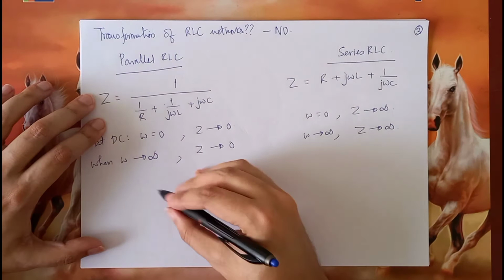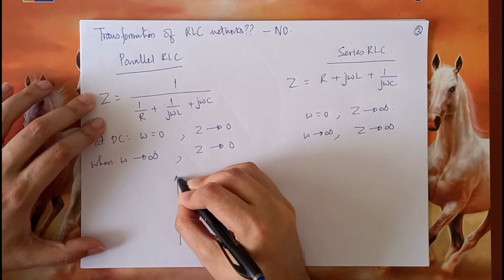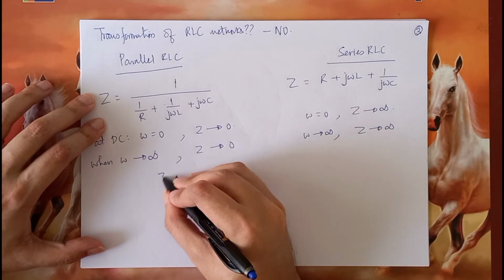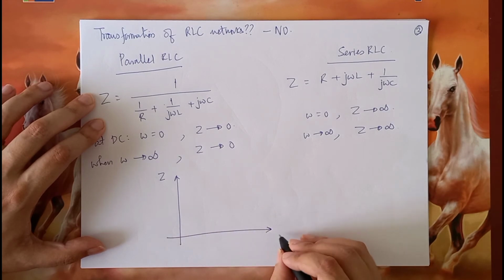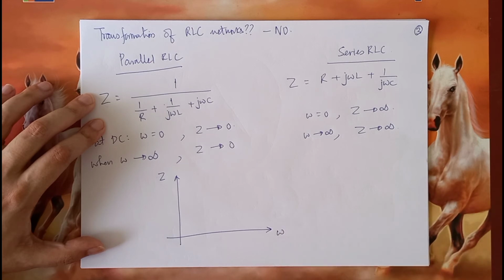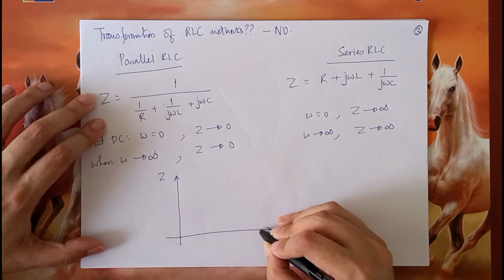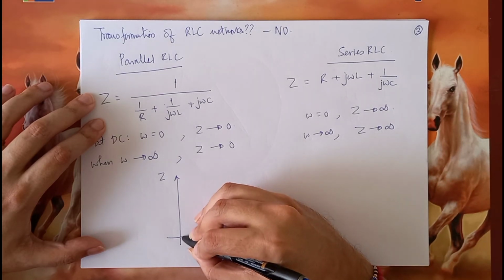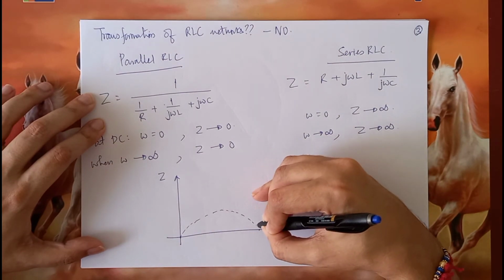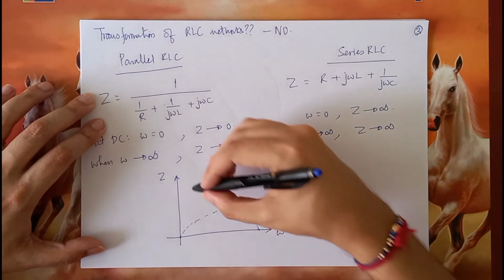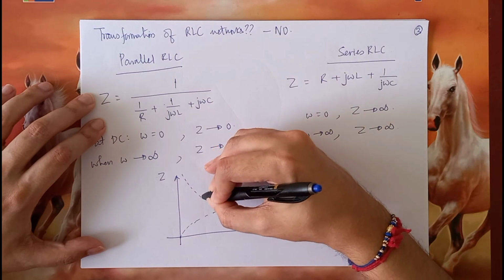So therefore, it looks something like this. Let us say Z versus omega. The parallel network will look something like this, and the series network will look something like this.